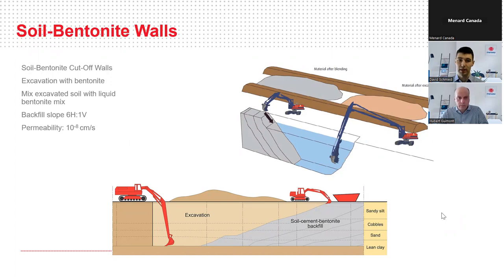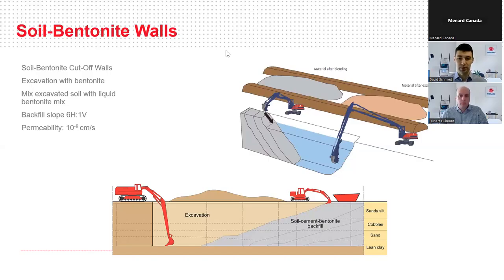You mix the spoils on surface with the bentonite slurry to create a soil bentonite construction material, so to speak. And then that material is replaced back into the wall, creating an impermeable barrier. You can reach really low permeability specs, 10 to the -8 or even less centimeters per second via this method.